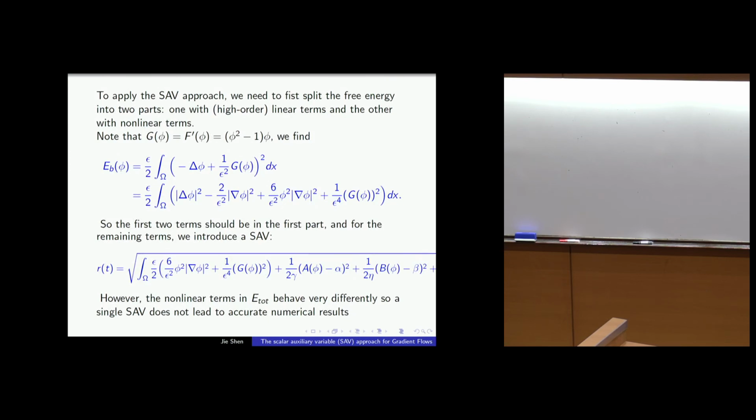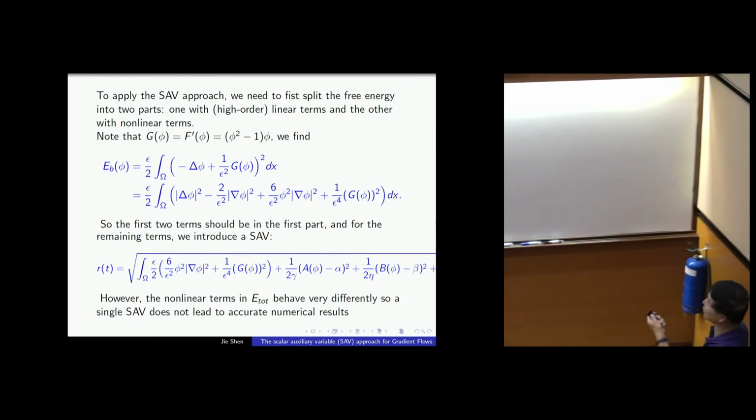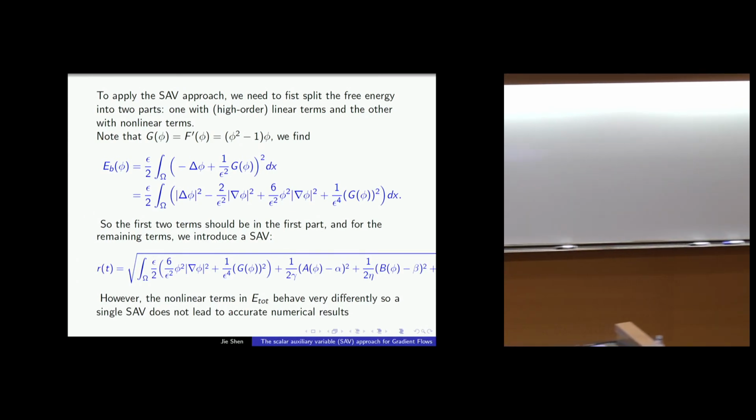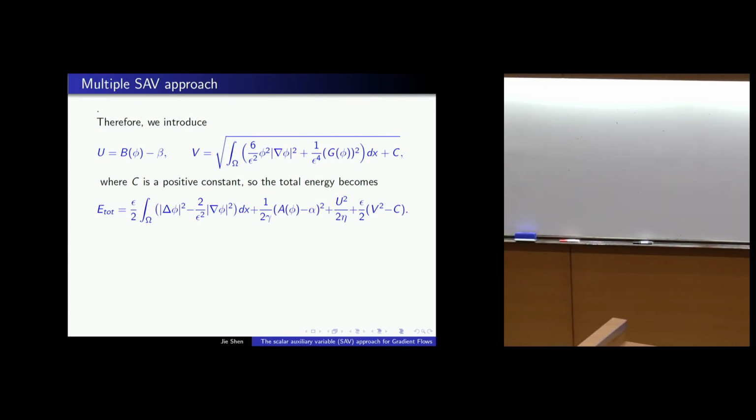And here you see that, if you look carefully, this is a linear term. A phi is just phi, or phi plus 1. So this is a linear term which we can include in the implicit part. So we are not going to deal with this part here. We are going to deal with this part by introducing another SAV.